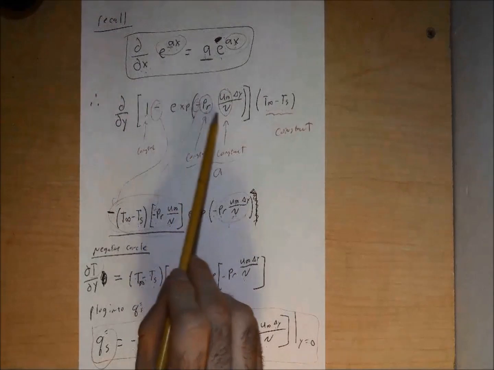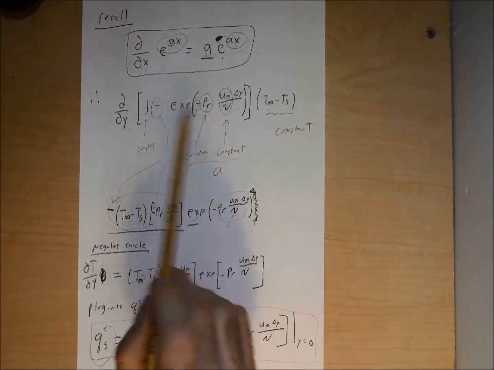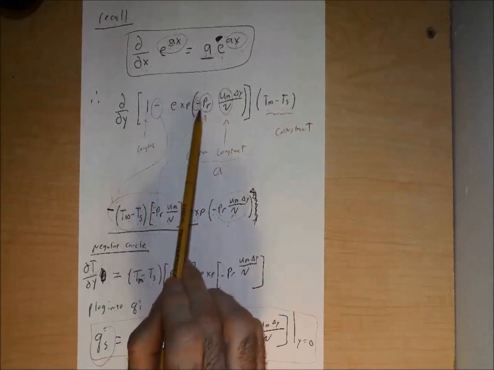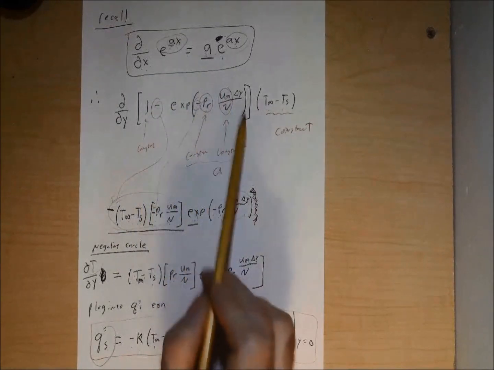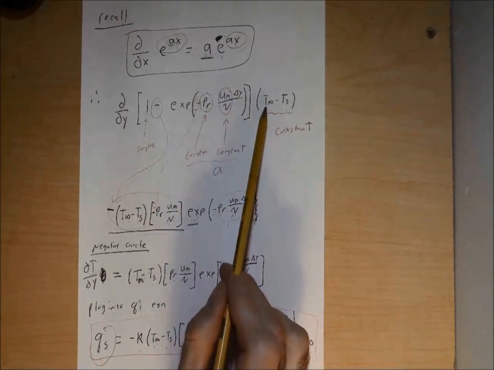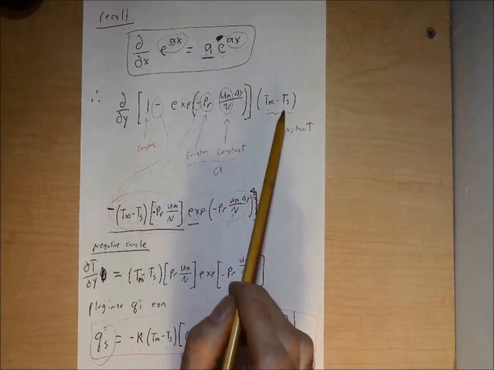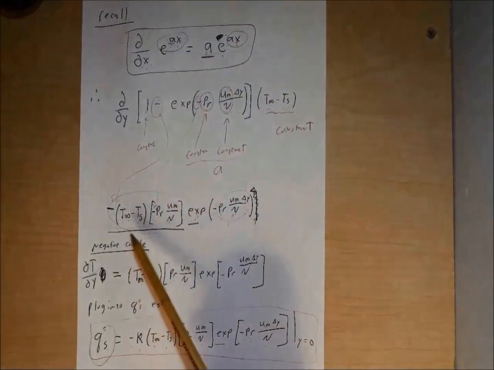Now what we want to do is figure out what our constants are. Well, we know 1 is a constant there, and I'm going to pay attention to our sign convention throughout. Then over here we have Pr as a constant, and u infinity over v is a constant as well. And we have T infinity minus Ts, which are both constants. They can come out as our a term when we do our partial.